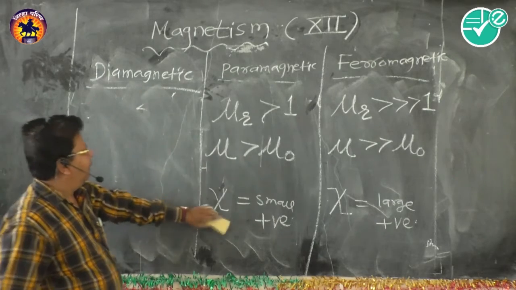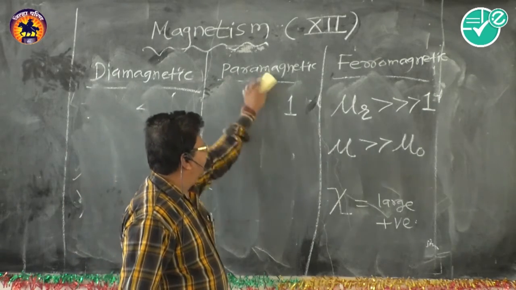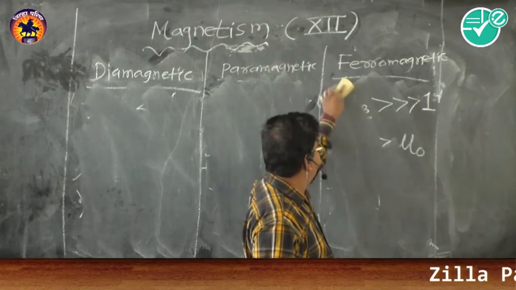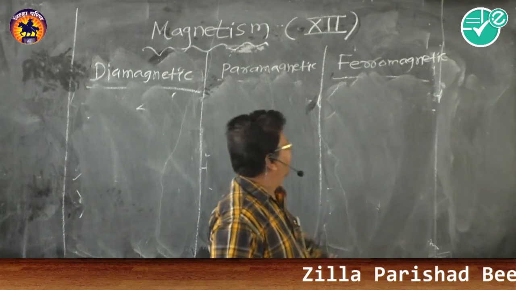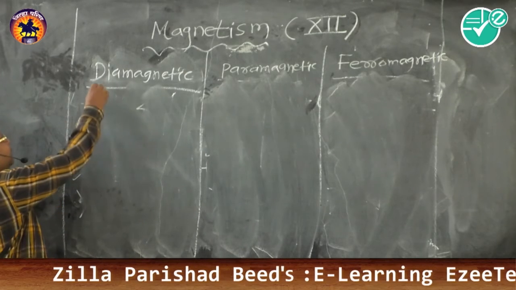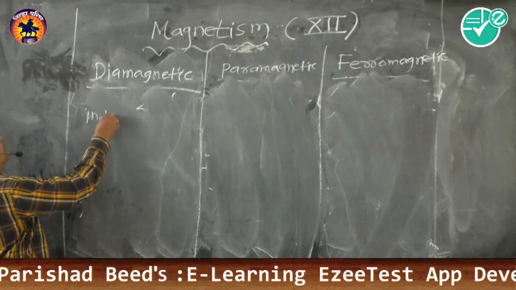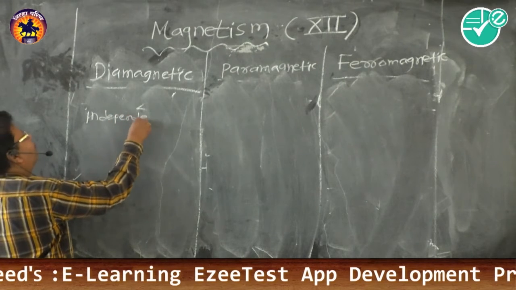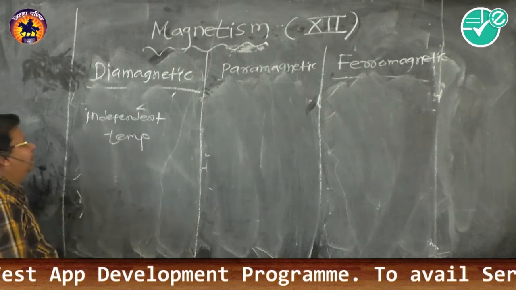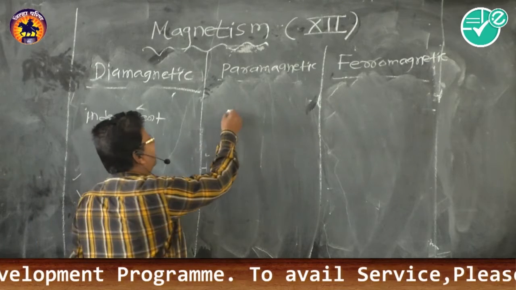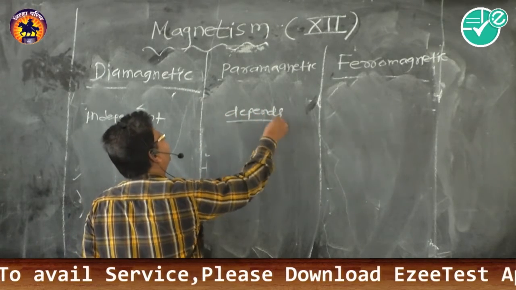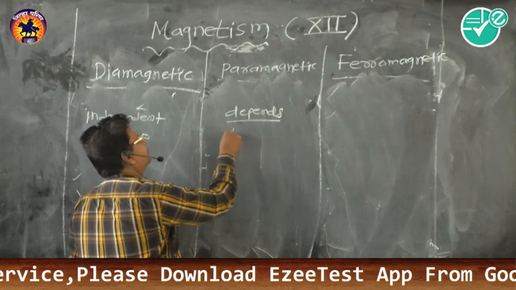Next, diamagnetism does not obey Curie's law, or diamagnetism is independent of temperature. Paramagnetism depends on temperature. That means there is an effect of temperature on paramagnetic substance.